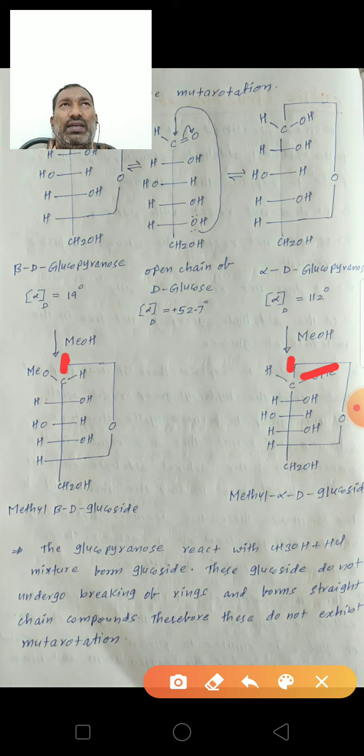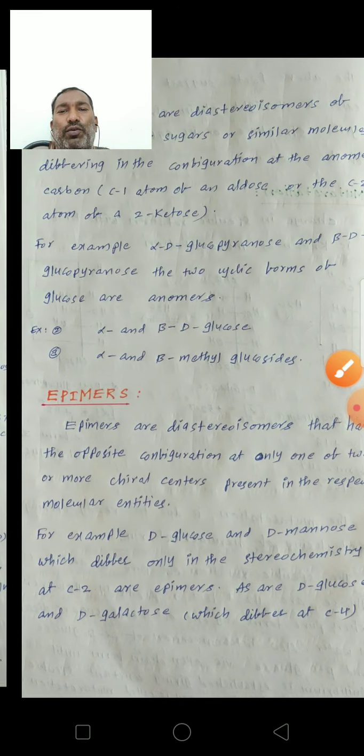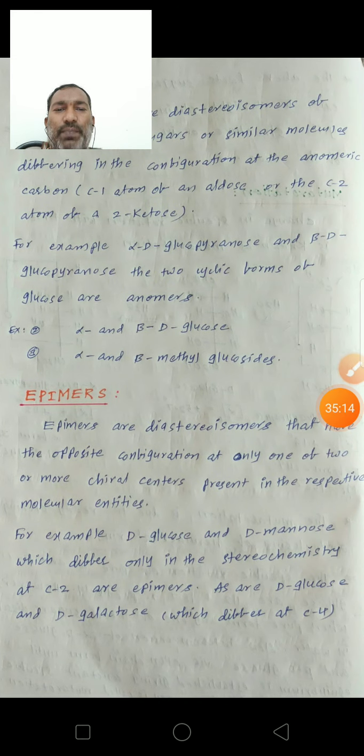So the configuration differs at the first carbon, that means the anomeric carbon. So methyl alpha D glucoside and methyl beta D glucoside are both examples of anomers.